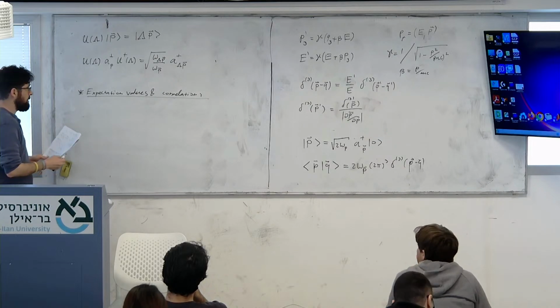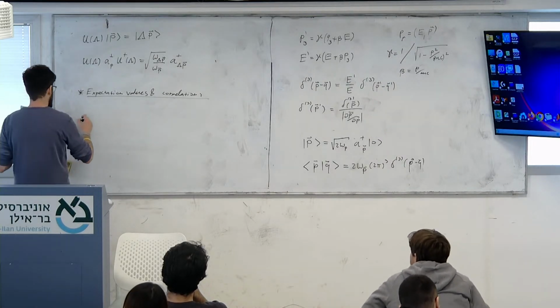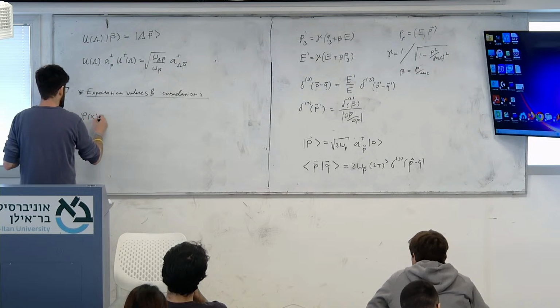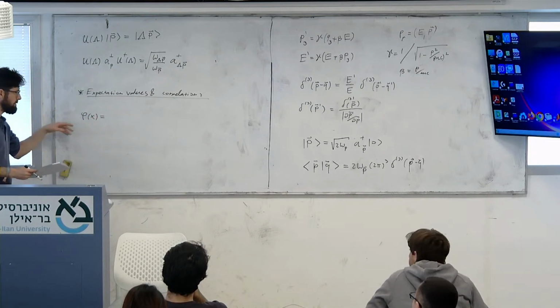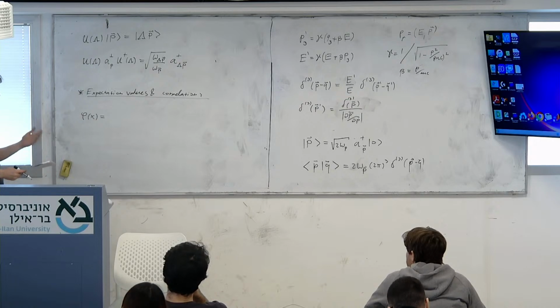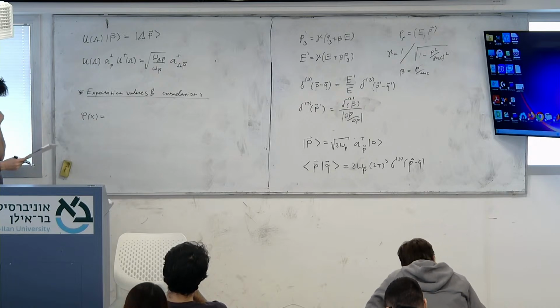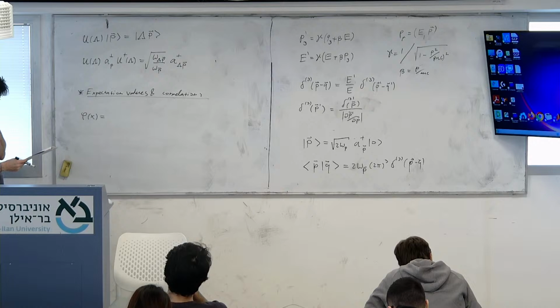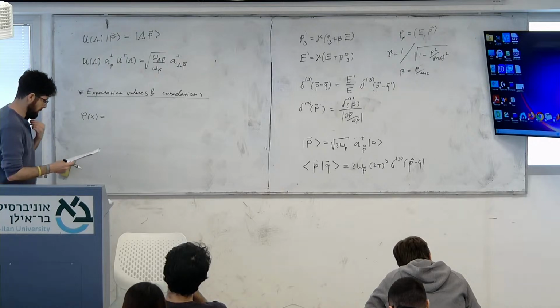Okay, so now with all this in hand, we can write the operator phi of x as some sort of sum over operators, right?